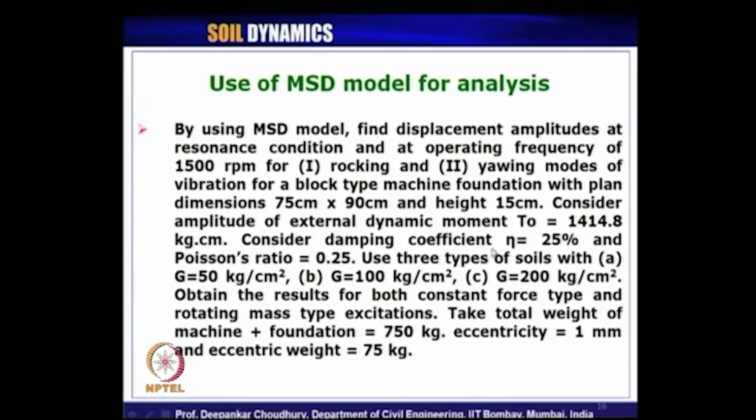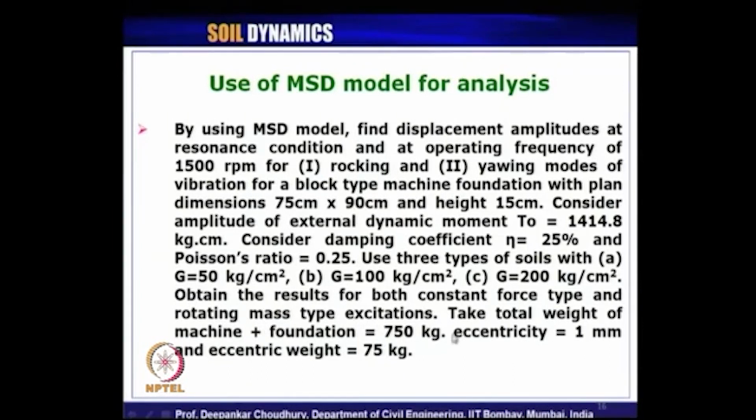Consider damping ratio or damping coefficient is 25%, Poisson's ratio is 0.25. Again, for 3 types of soil with G value as 50 kg per centimeter square, 100 kg per centimeter square and 200 kg per centimeter square, we have to obtain these displacement amplitudes for both constant force type as well as rotating mass type excitations.